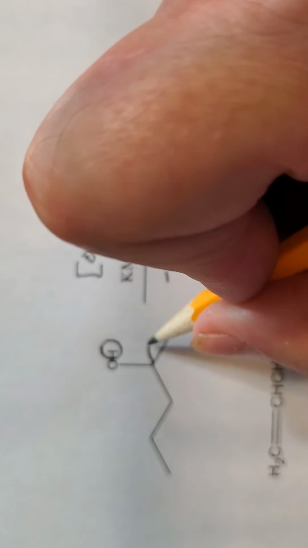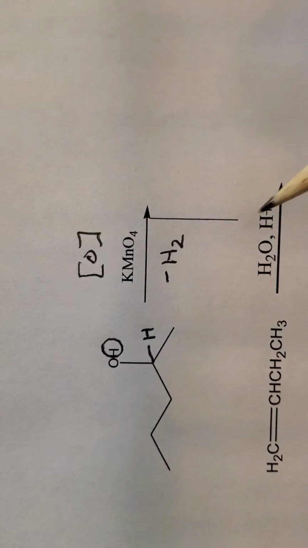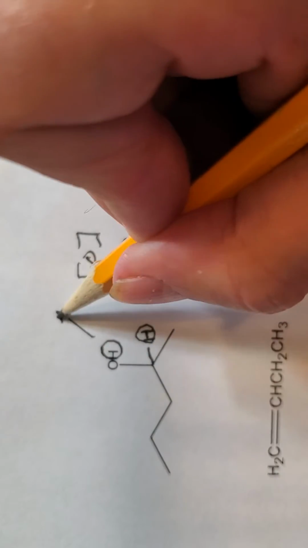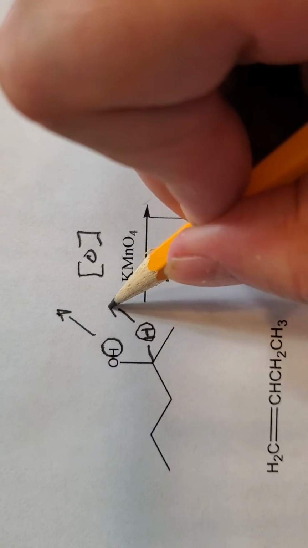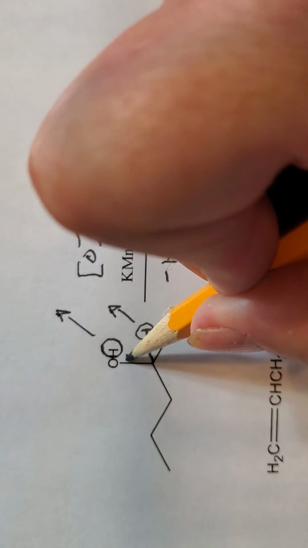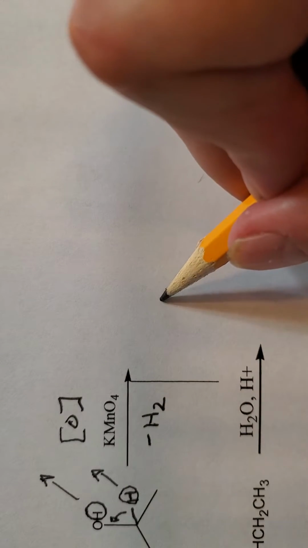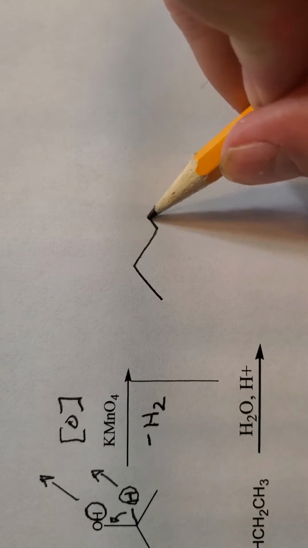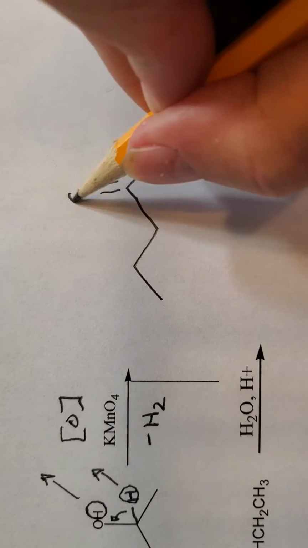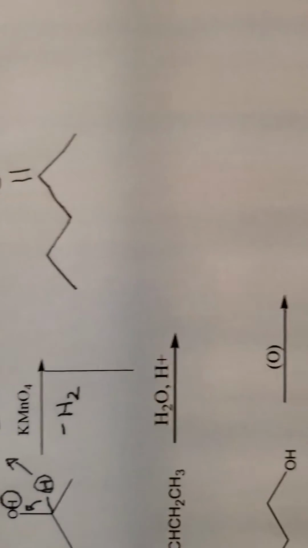Here's another hydrogen that's understood but not shown. So we're going to get rid of this, get rid of this, and this bond is going to go there. So the answer is going to be 2, 3, 4, 5. That's the product.